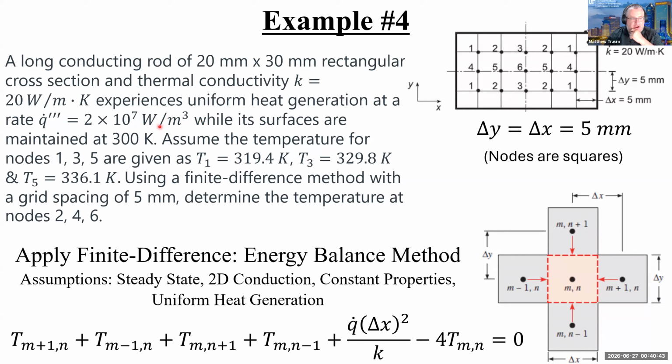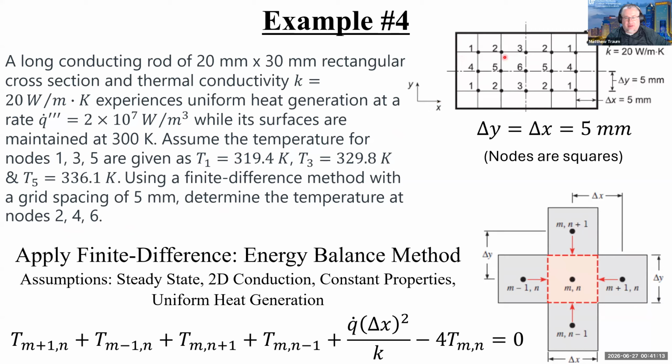Well, its surfaces are maintained at 300 Kelvin, right? So this surface, this surface, and that surface are all 300 Kelvin. And that will become important later because we're going to apply a mesh node grid to this rectangular shape. And we're going to actually solve for, see, it says here, determine the temperature at nodes 2, 4, and 6.